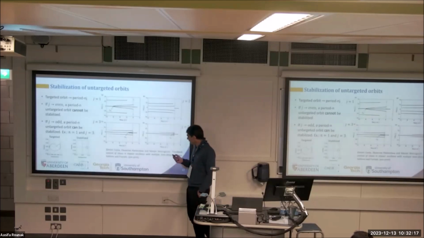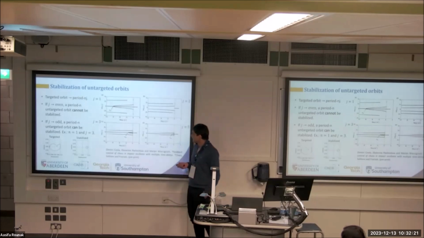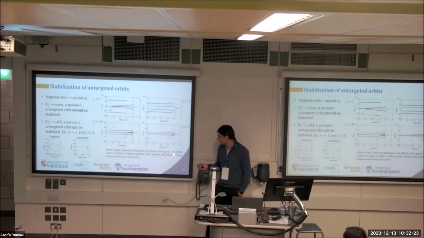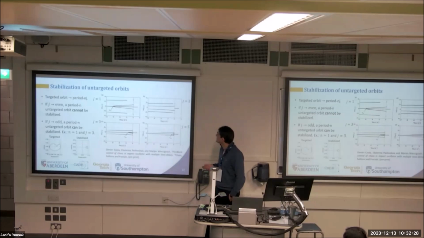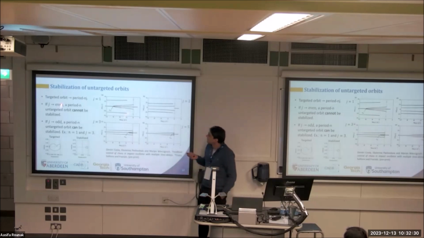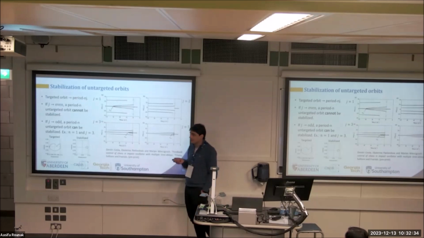So the reason for that, we know the reason for that. If you go to this paper, recent, in preparation, published soon, what you have here is that when dealing with TDF, imagine that you're trying to stabilize a period nj orbit, and imagine n equals 1 here, and j equals 3.